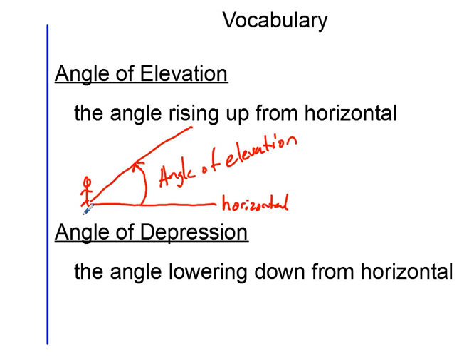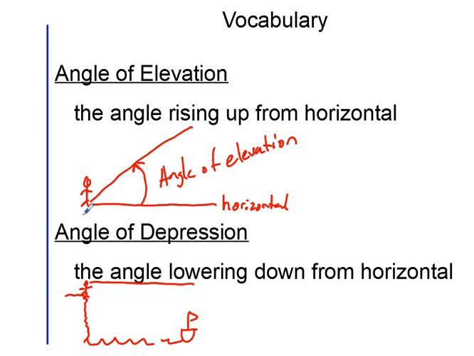As an opposite, the angle of depression is the angle lowering down from horizontal. So in this scenario, imagine that you're standing on the edge of a cliff, maybe overlooking the ocean. You notice that there is a boat out in the ocean. If you look straight out, you would not be looking at the boat.